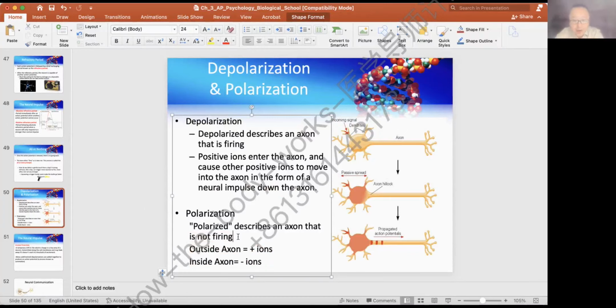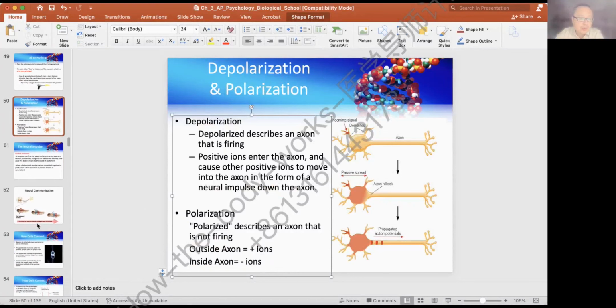If they're firing, which means excited, the positive sodium ions will get in, and the polarization will change from negative to positive. This process is called depolarization.